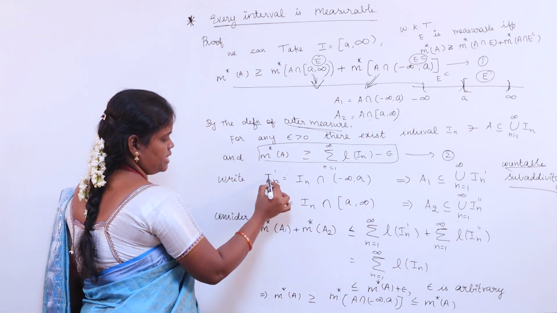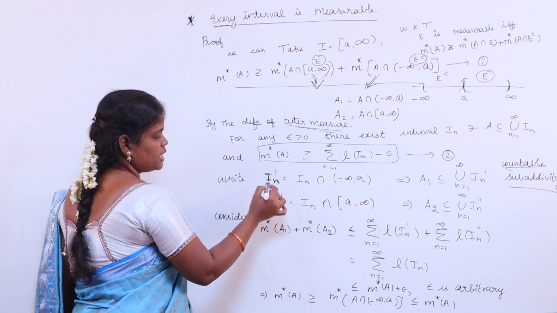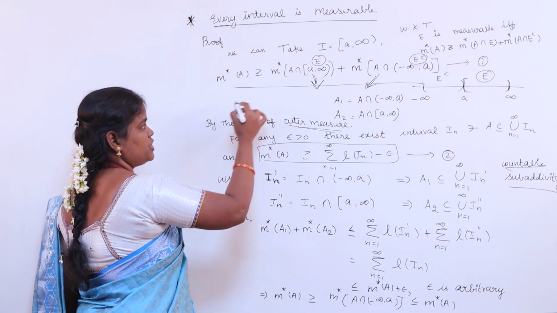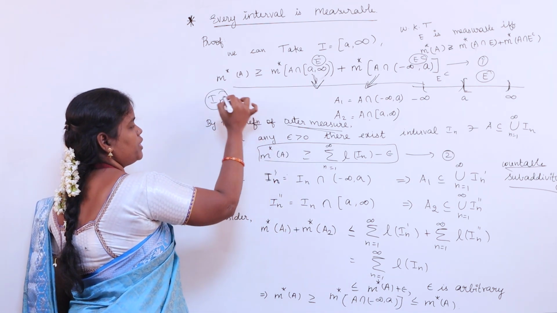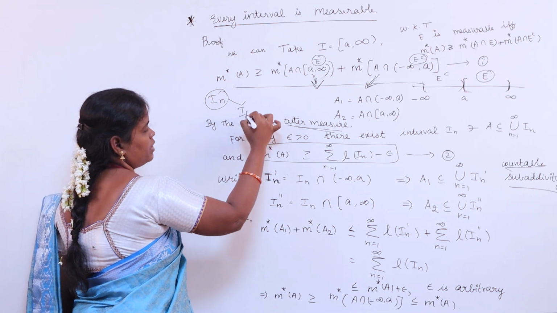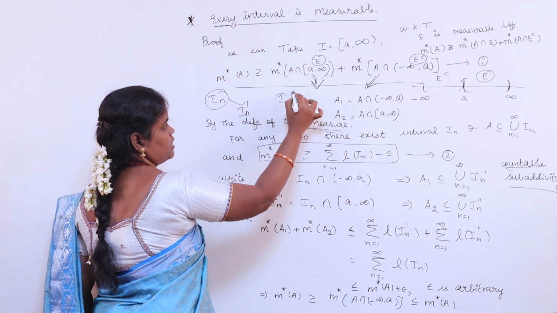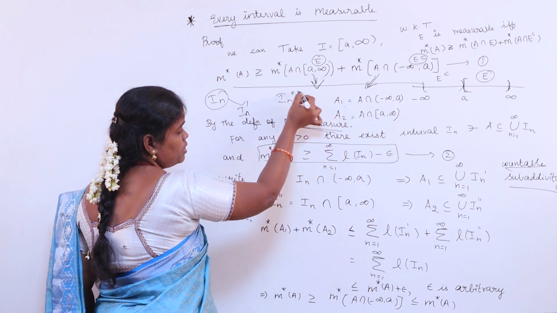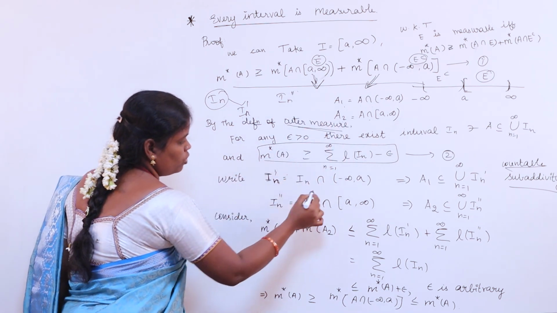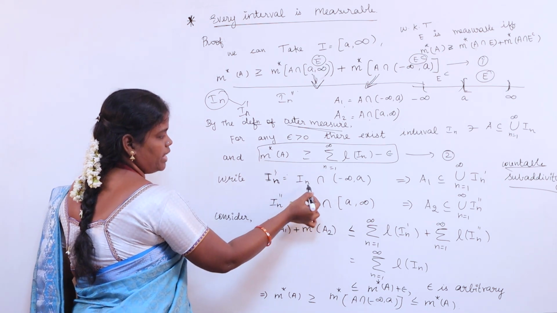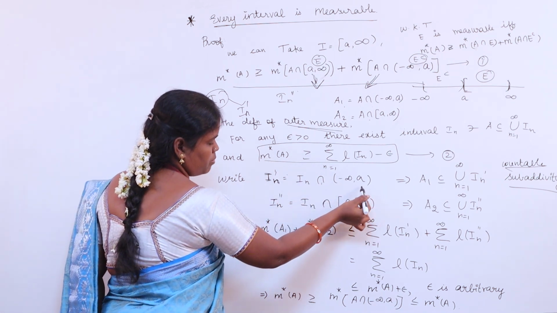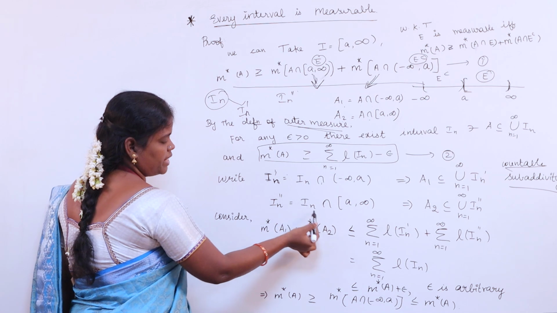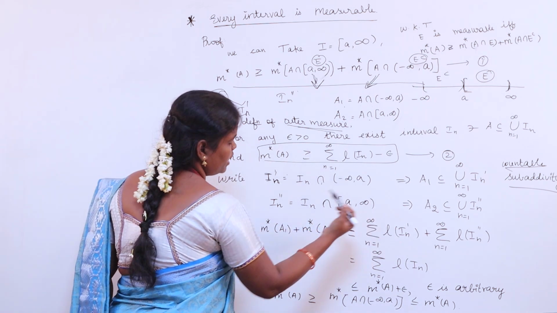Next we consider In dash and In double dash, the subintervals. The interval is actually In, but we take In dash from A1 and In double dash from A2. So In dash equals In intersection minus infinity comma A, and In double dash equals In intersection half open A comma infinity.